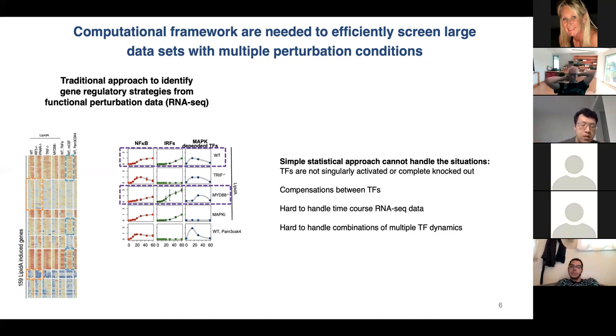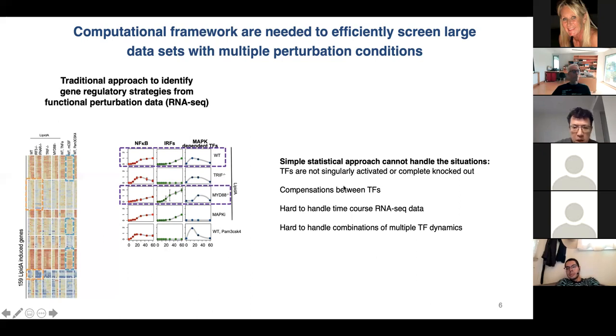But actually, this is not because the gene does not depend on this transcription factor, but because of potential functional redundancy or compensation between those two transcription factors. This turns out to be the key reason you cannot use this simple approach to fully dissect or understand the regulatory roles behind immune response genes and all the other genes.